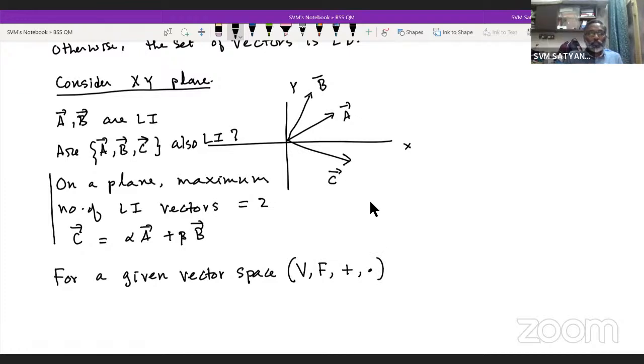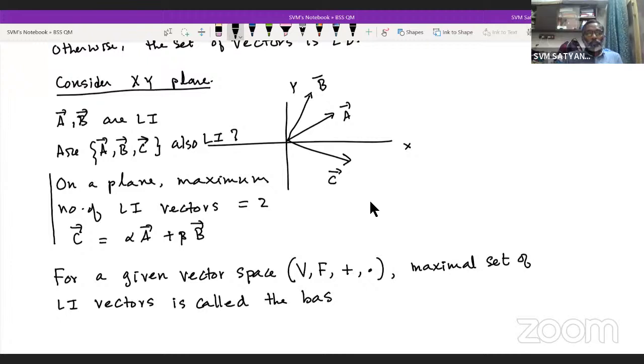For a given vector space, a maximal set of linearly independent vectors is called the basis of the vector space.